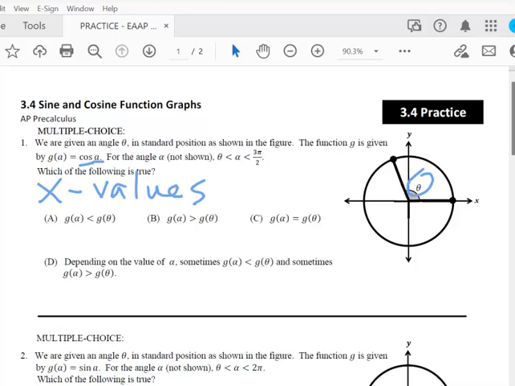All right, continuing on. For the angle alpha, that's the lowercase Greek letter alpha that's not shown. Okay, what is this statement telling us? So let me change the color here so I can draw on it. So angle alpha here in the middle has to be bigger than our given angle theta.